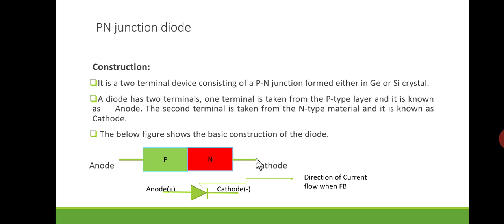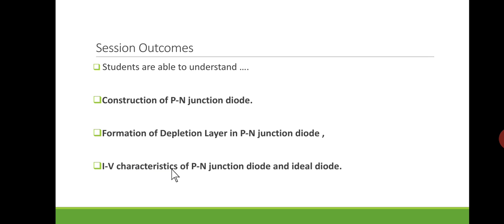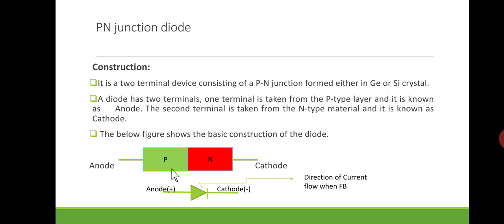I have shown the construction. Here one whole piece of the material is taken. Two pieces are not taken, and sandwiching is not possible. We have to take one whole piece of silicon or germanium.